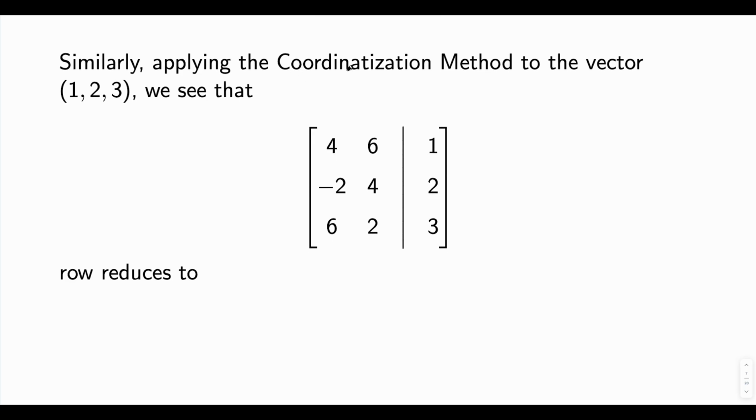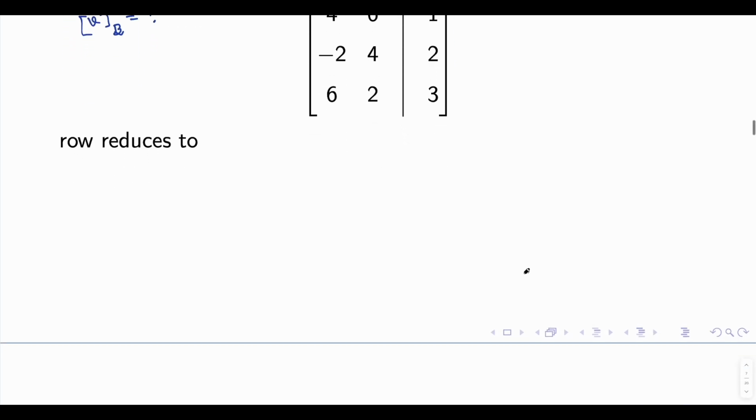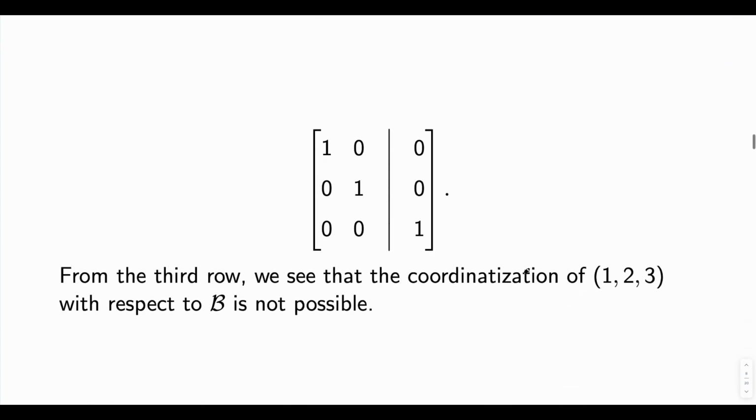Similarly, I want to apply this on this vector. Does this vector belong to the given span? In other words, can we write this vector V in terms of the given basis coordinates? It means whether coordinatization is possible or not. So we do the same: we put V as the right hand side and the basis columnwise, and then solve by RREF as in the usual method. So we got this scenario.